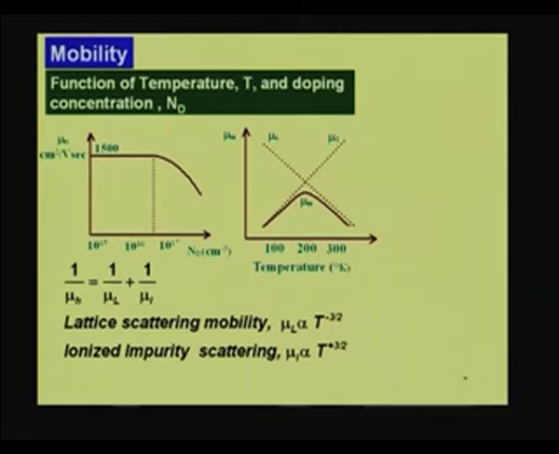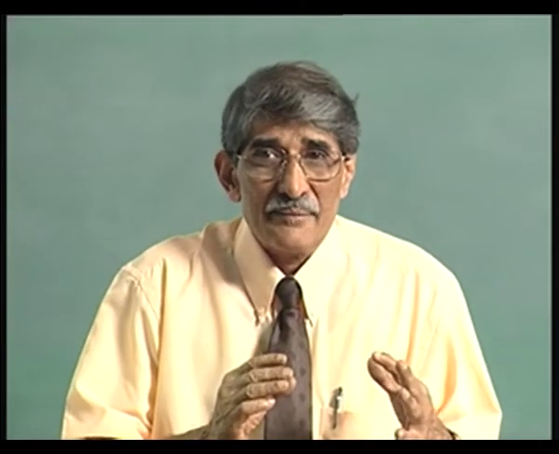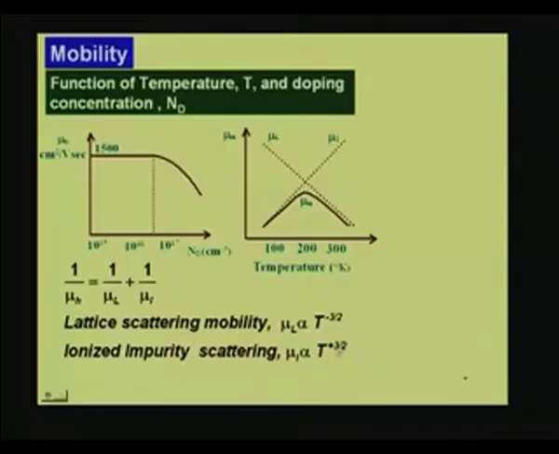So, if you go to lower temperatures, there is a chance for you, please remember, because we will be evoking this concept later, there is a chance for you to have higher mobility, that is higher velocity for a given material, provided there are no ions which are scattering. In other words, in the path in which the electrons are moving, there should not be ionized impurities.